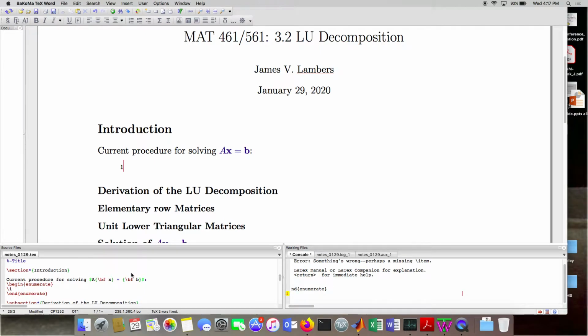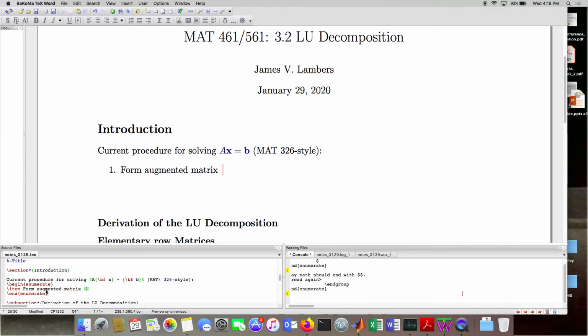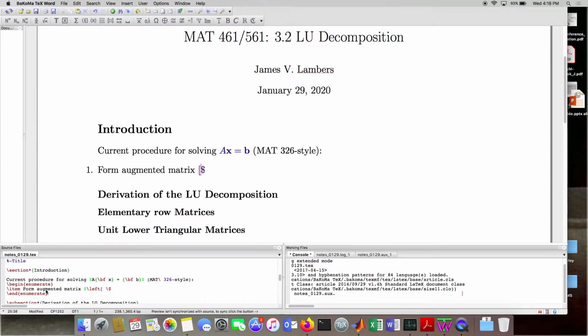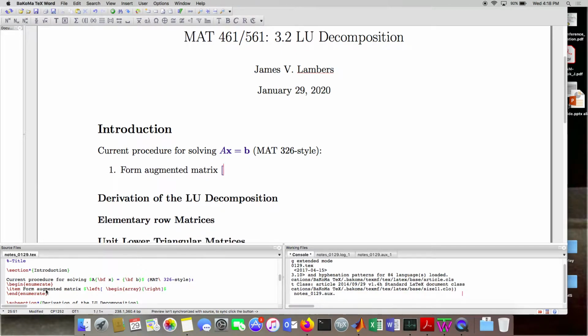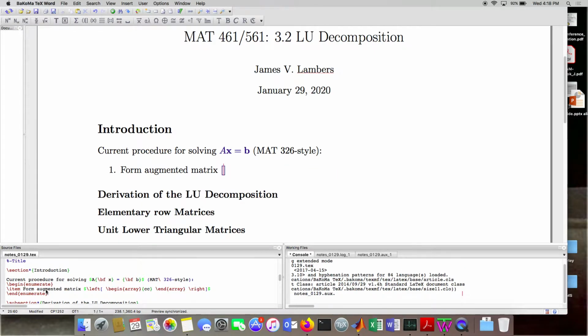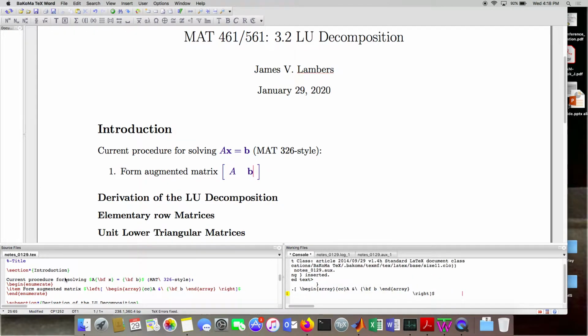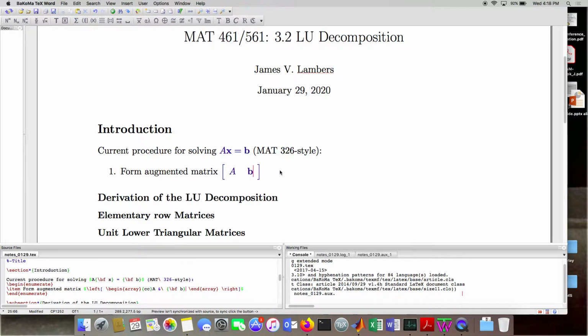So first, like you would in a linear algebra class, you form the augmented matrix that you get by taking A and b, and adding b onto A as an extra column.